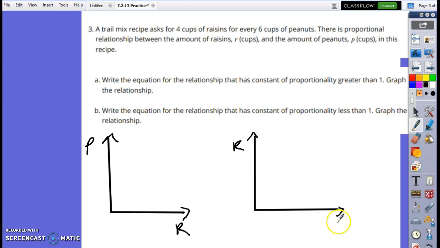Here we're comparing raisins to peanuts. And then we go back to that constant of proportionality, and we go ahead and graph those. When the constant of proportionality was greater than 1, our equation was that peanuts was equal to 6/4 of x. And then we had that raisins was equal to 4/6 of peanuts.